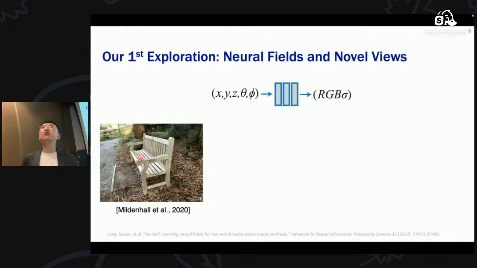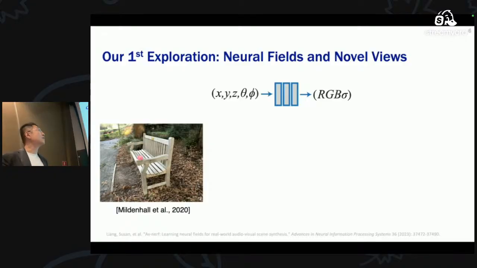Now, to tackle this problem, we have developed a couple of methods over the years. The first exploration actually comes from neural fields. I'm sure you are familiar with neural radiance fields, NeRF, from 5 or 6 years ago. The idea is to use a neural network, usually a multi-layer perceptron, to represent the 3D scene.